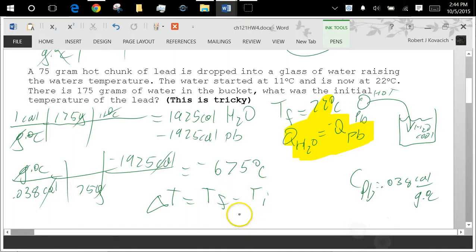So I'm going to take my temperature final is equal to my change in temperature plus my temperature initial. Oh wait, I'm not looking for my final temperature. I'm looking for my initial temperature. Sorry, thanks. So temperature initial will be equal to temperature final minus the change in temperature.